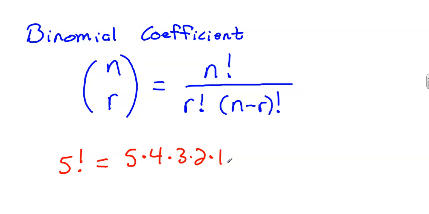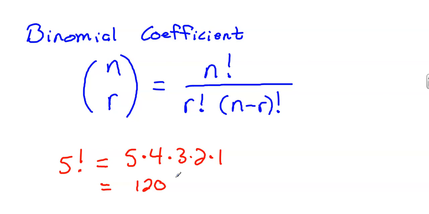So 5 times 4 is 20, times 3 is 60, times 2 is 120. They usually do examples like, if you had 5 airplanes getting ready to take off, how many different ways could those airplanes take off? Well, there are 120 different ways you can do that.